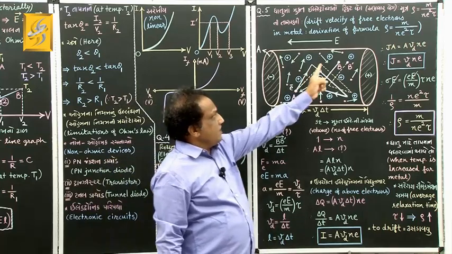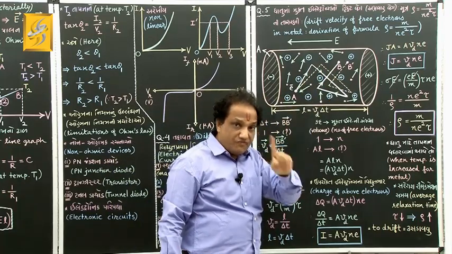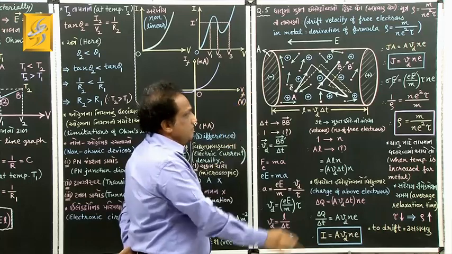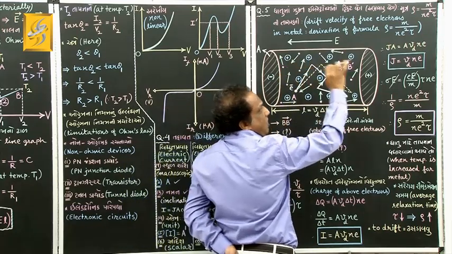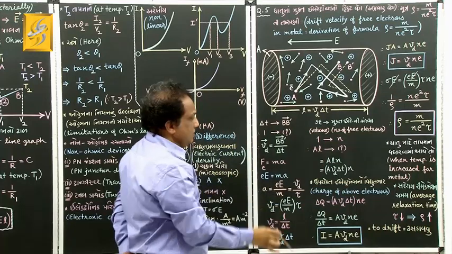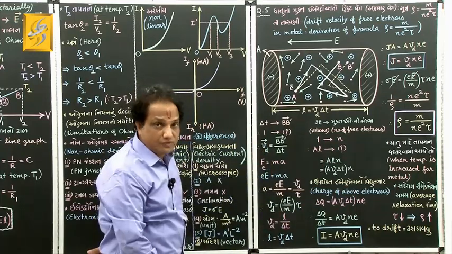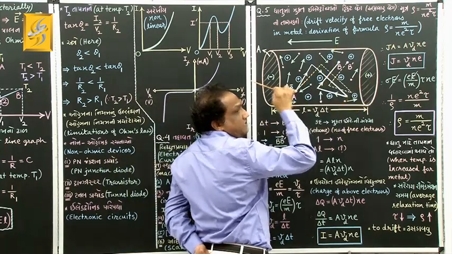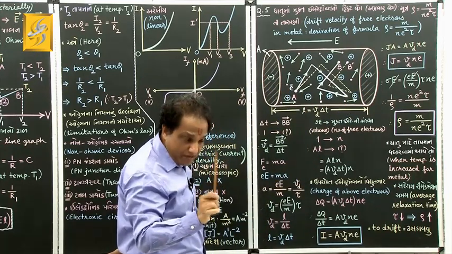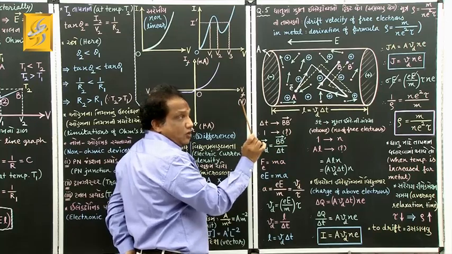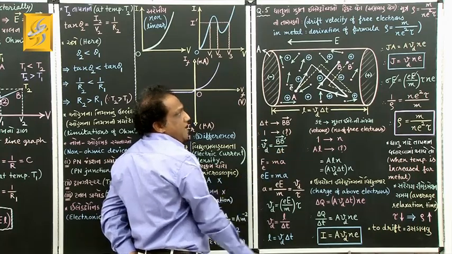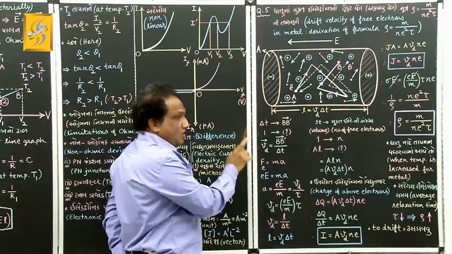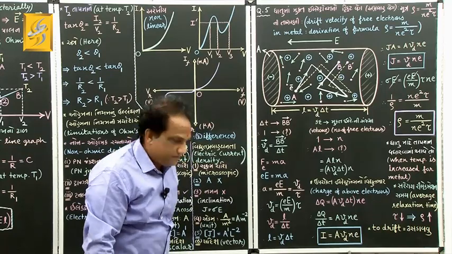When an electric field is established inside a conductor with sufficient intensity, the average displacement undergone by a free electron per unit time in a direction opposite to the electric field is called drift velocity of the electron. Okay, fine.